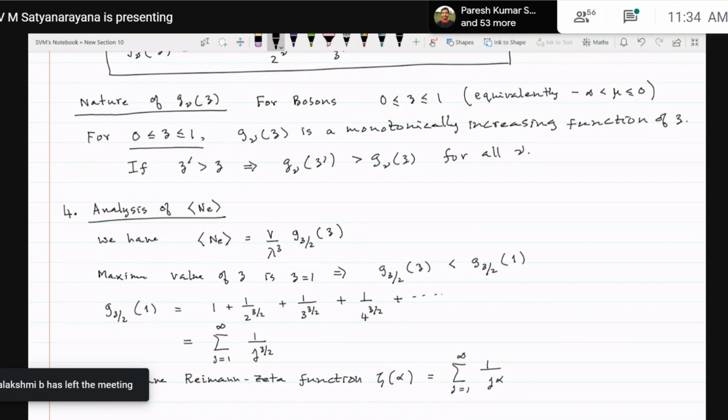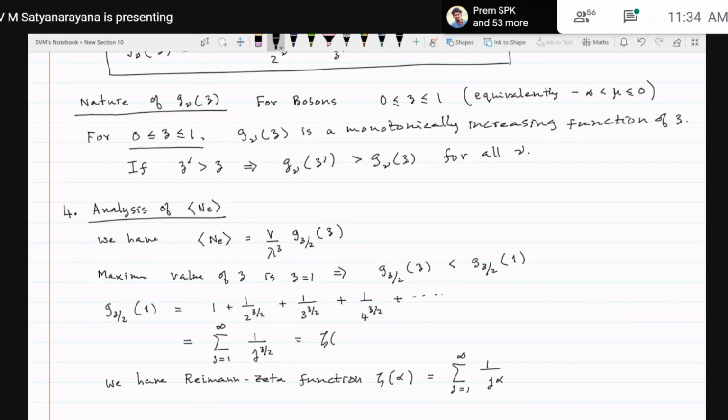Essentially, what we have here is the Riemann zeta function of argument 3 by 2, and this infinite series will converge. We know that zeta of 3 by 2 converges to a value of 2.612.